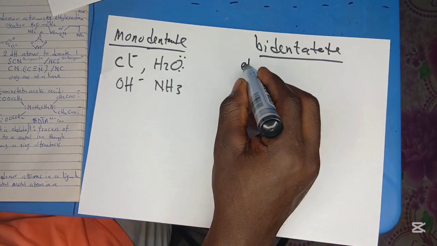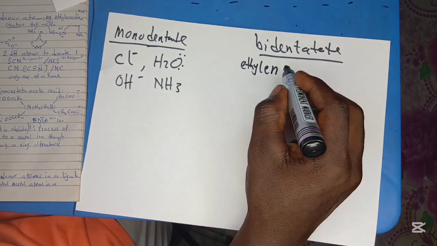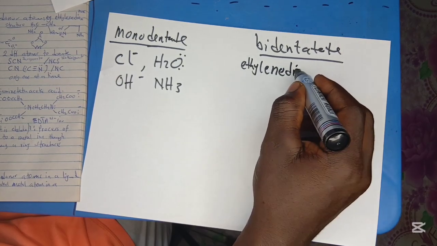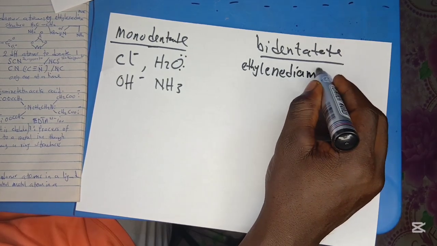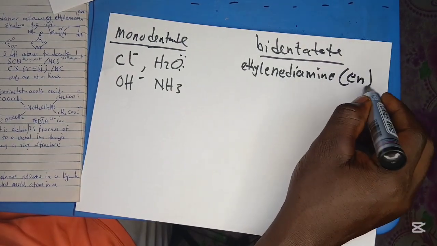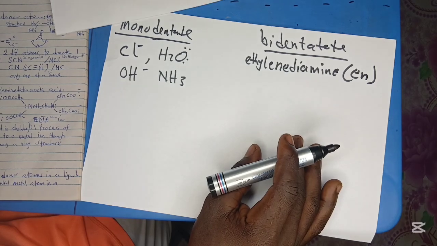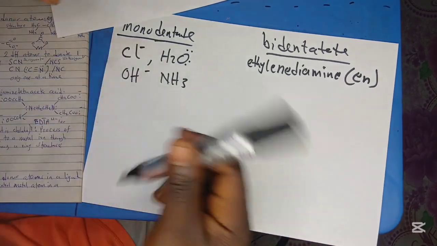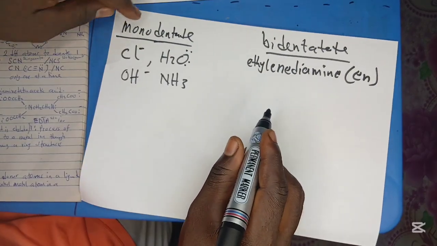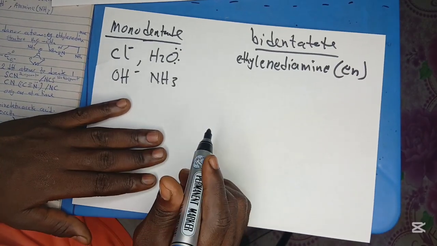ethylenediamine, usually represented by en. The short form of ethylenediamine is en. For me to explain how ethylenediamine is a bidentate ligand, I have to try and draw the structure of ethylenediamine.